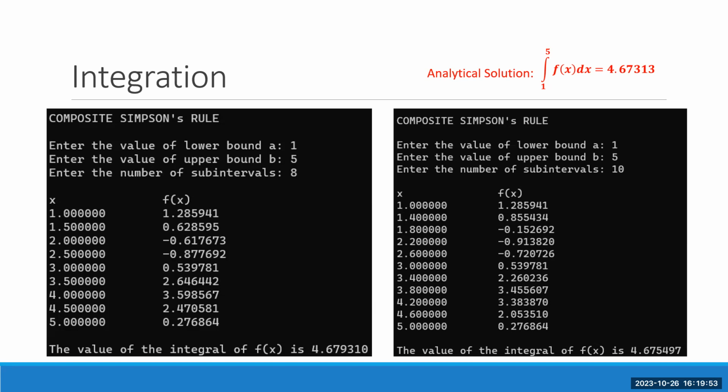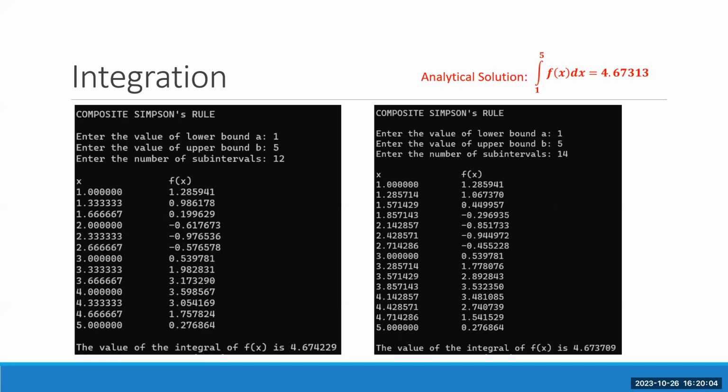When we increase the number of subintervals n, when n equals 10, the value of the integral is 4.675497. These are the results for n equals 12 and n equals 14.